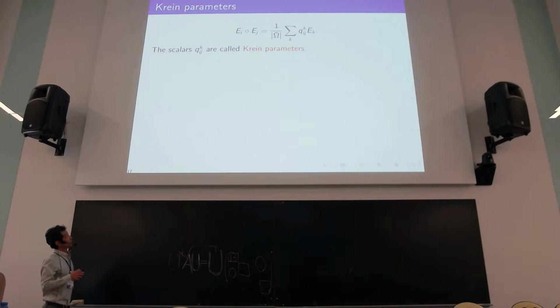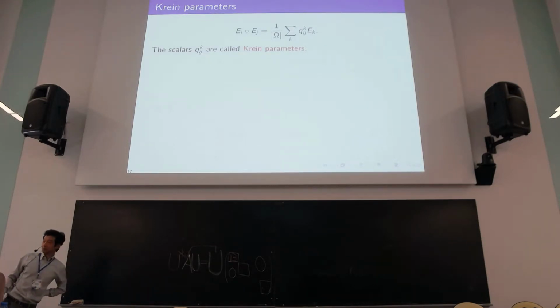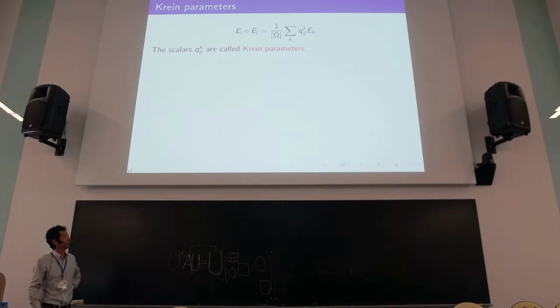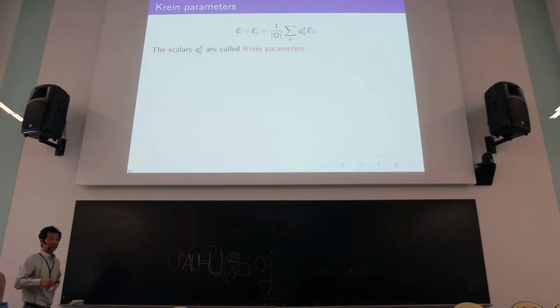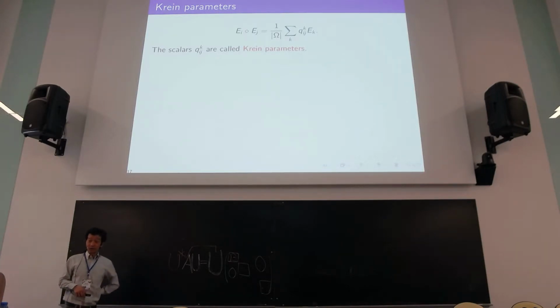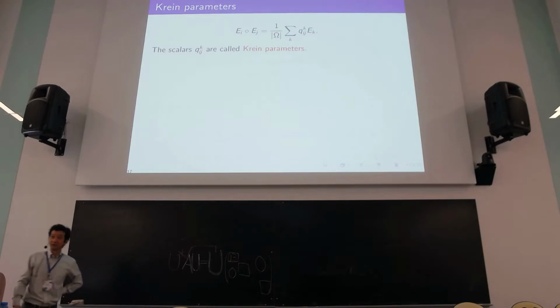This is quite similar to the intersection numbers, which express the product of adjacency matrices in terms of adjacency matrices. Intersection numbers are by definition non-negative integers, but these Krein parameters are not necessarily integers, and not necessarily rational either. They could be irrational. But I will show you that they are non-negative real numbers. That is not difficult to show, so I will show you in this slide.